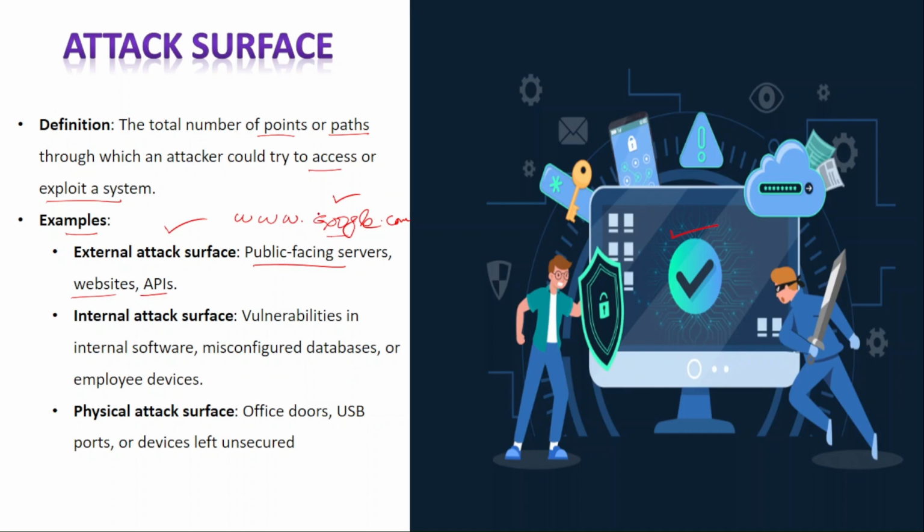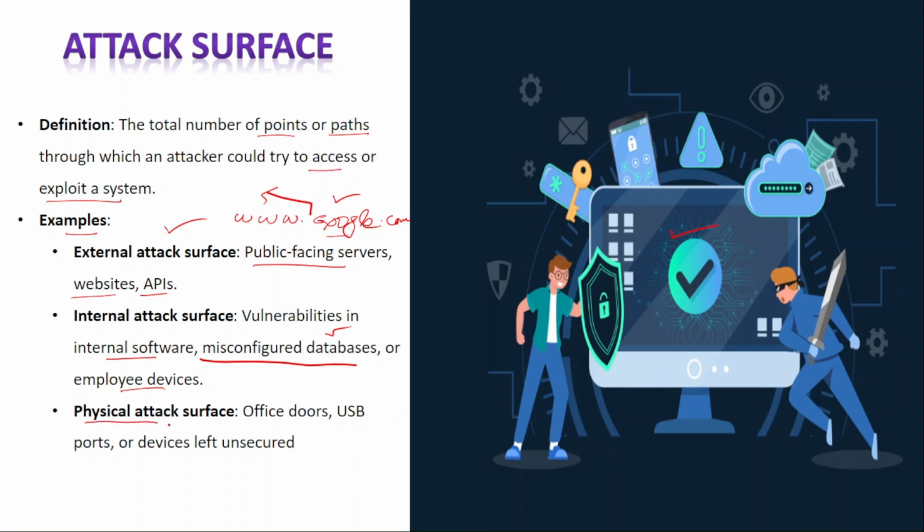There may be internal databases or other servers that are not visible behind this network. They may be the internal attack surface. So vulnerabilities in internal software, misconfigured databases. Databases are usually not accessible externally. They are behind the firewalls and inside the internal network or employee devices.